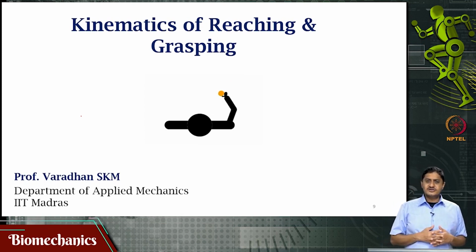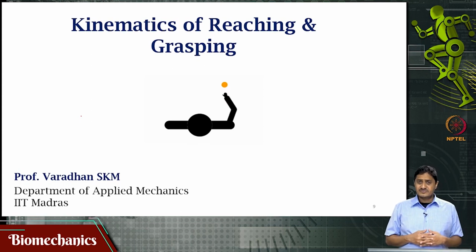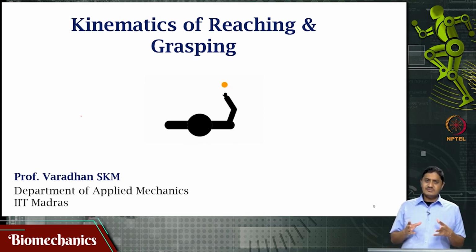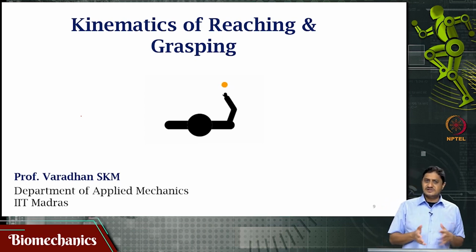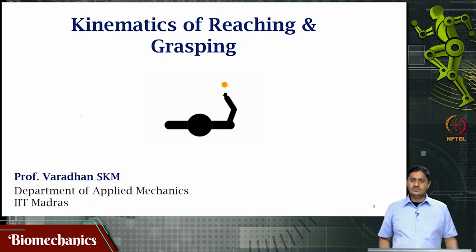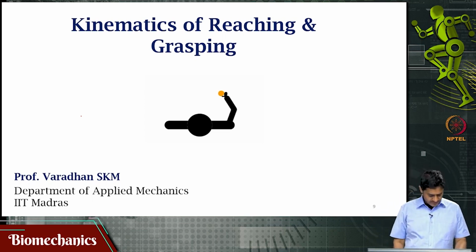Here we restrict our attention to the upper limb, which is the upper arm and forearm, as a two link kinematic chain. This analysis can be used to study other kinematic chains within the human body. So, this is an example to the study of kinematic chains.